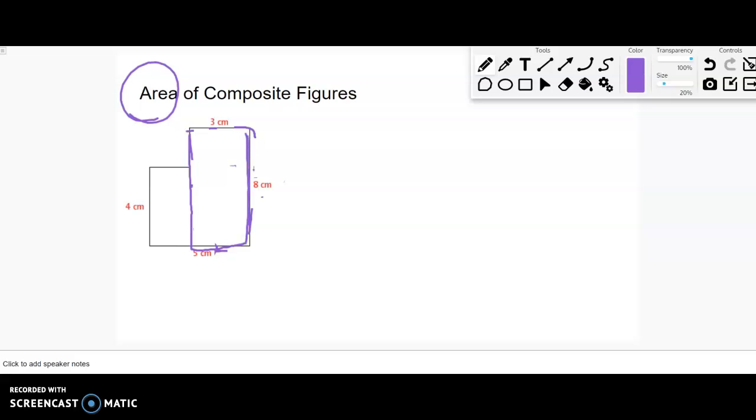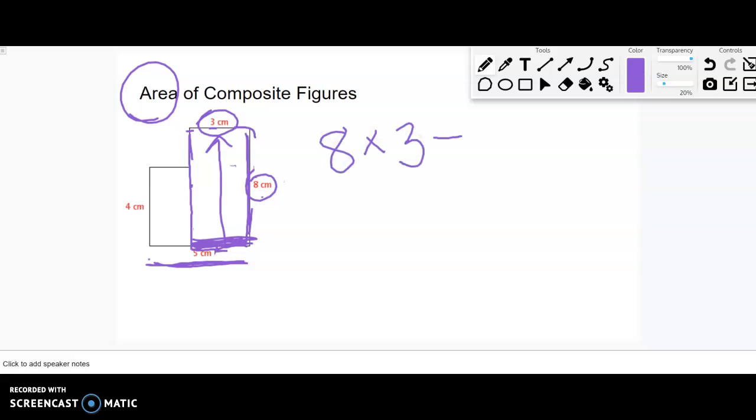It is 8 tall, but it is not 5 wide, because 5 is this whole side. This rectangle is only right there. So how wide is this rectangle? 3 centimeters. So that's where I have to be careful to make sure I have the right number. So this rectangle is going to be 8 times 3, which is 24 centimeters squared.